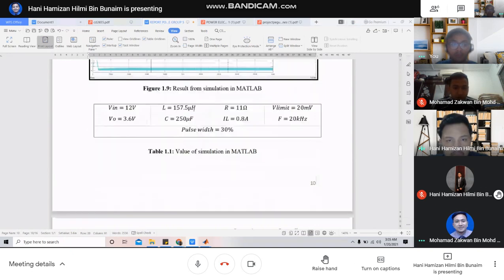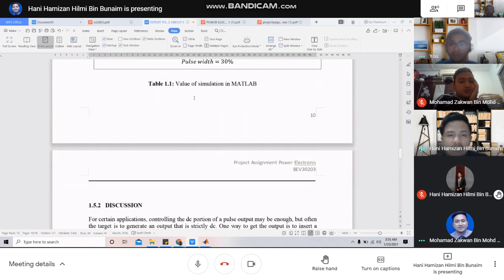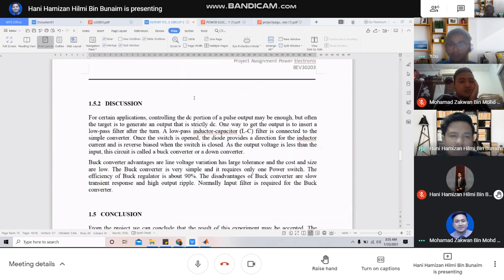For resistance, we use 11 ohm, voltage limit we use 20 millivolt. Voltage output, we use 3.6 volt, capacitor 250 microfarad, and for the current 0.8 ampere. For the frequency 20 kHz, and for the pulse width, we use 30%. This is our simulation in MATLAB.